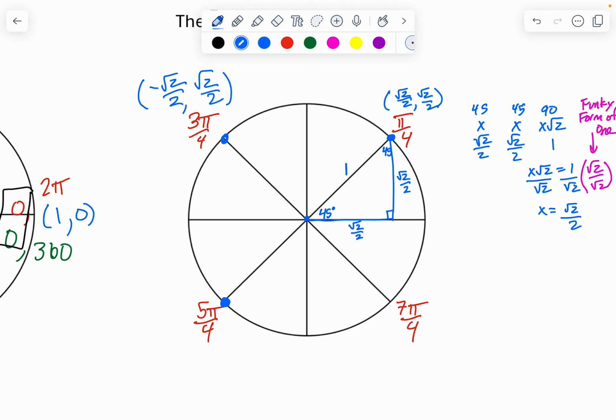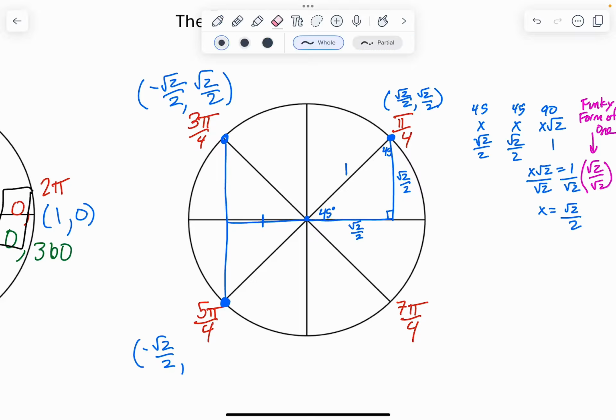Now I can reflect again, take that point and reflect it into quadrant 3, going from quadrant 2 to quadrant 3 by reflecting over the x-axis. If I were to draw this triangle, this length right here is the exact same, and so this is a negative root 2 over 2 in the x direction, and a negative root 2 over 2 in the y direction.